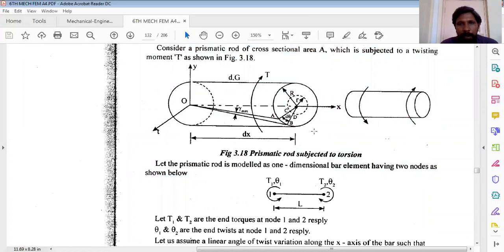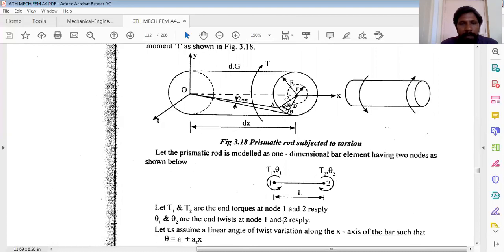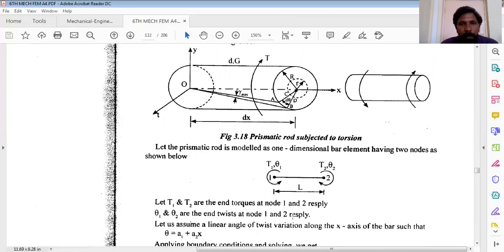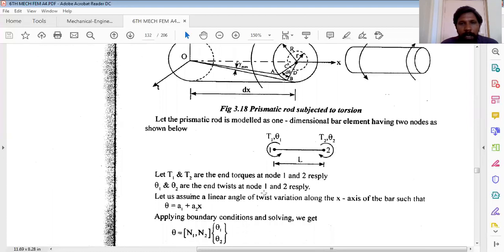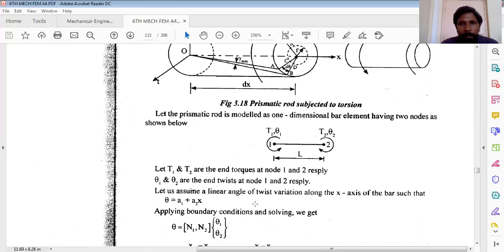At node number 2, the torque applied is T2, and the corresponding angle of twist is theta 2. So T1 and T2 are the end torques corresponding to node 1 and node 2, and theta 1 and theta 2 are the angle of twist or end twist at node number 1 and 2 respectively.